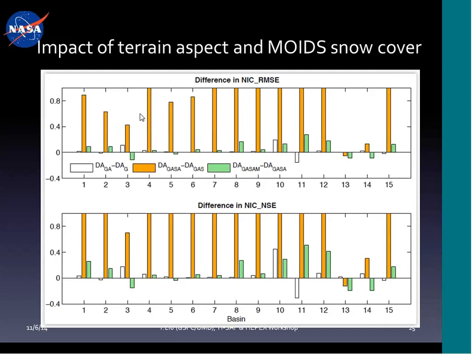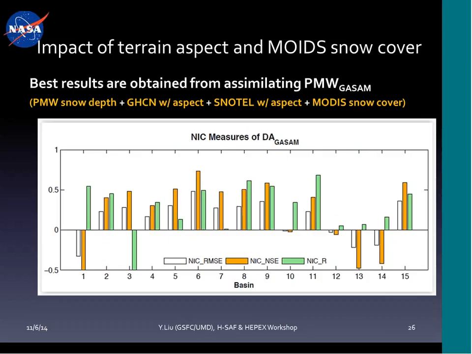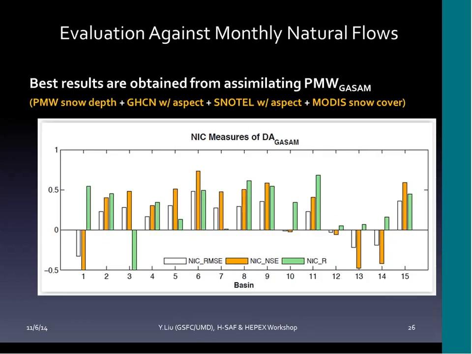But for higher elevations, where the SNOTEL sites are located, you see a huge impact from considering the aspect. So you always get a positive influence from adding aspect information, and on top of that, we got some additional or marginal improvements from using MODIS snow cover information, which is shown in the green bars. So if we consider the aspect information at the SNOTEL sites and the MODIS snow cover, we are going to get the best overall results.